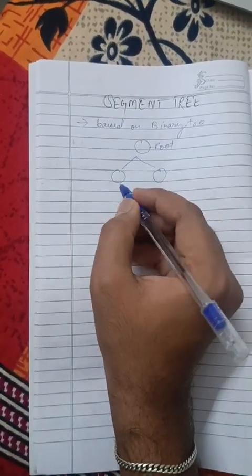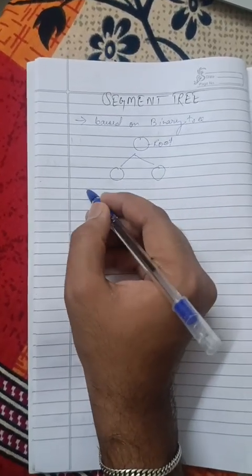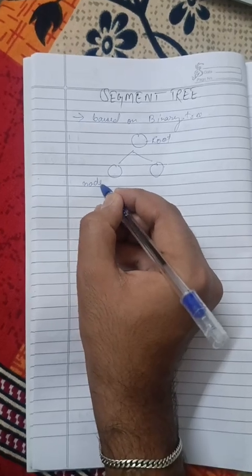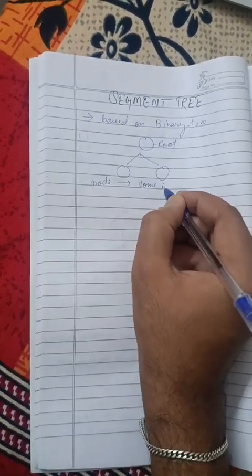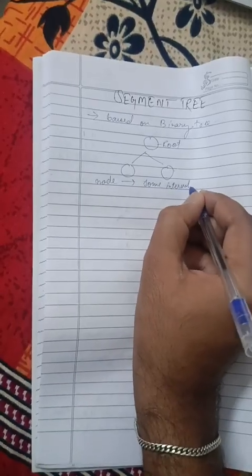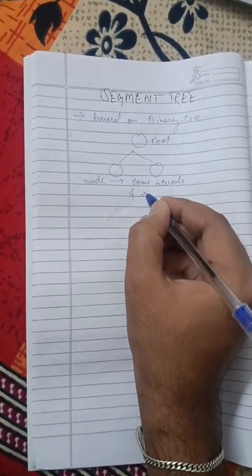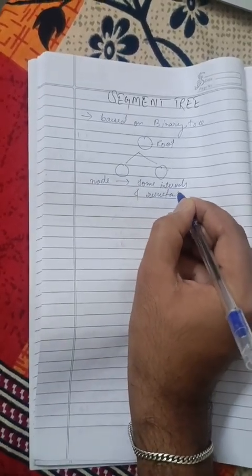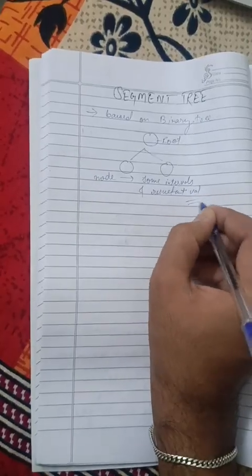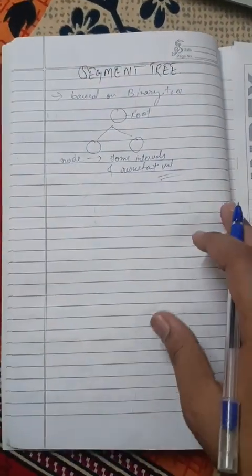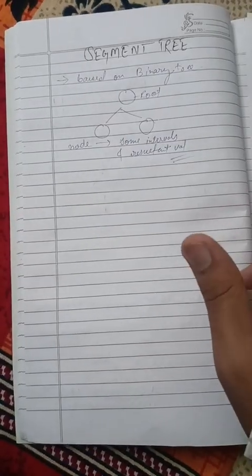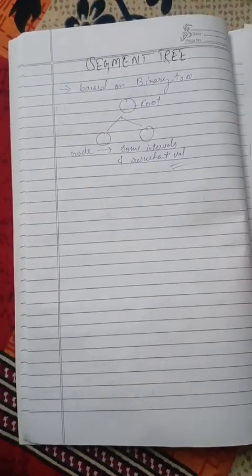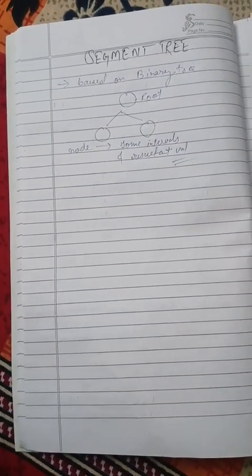Every node will consist of some intervals and resultant value. So it is based on the binary tree. Every node will consist of some interval.